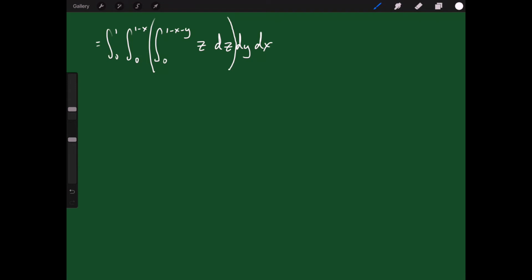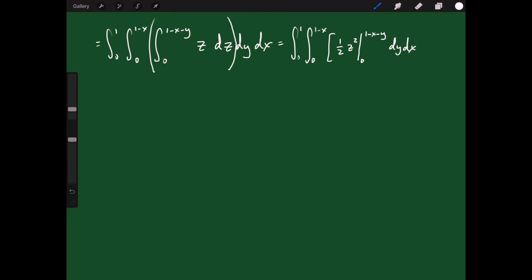Okay, so let's take an antiderivative of what's inside here. And I get integral from 0 to 1, integral from 0 to 1 minus x. Okay, antiderivative of z with respect to z is 1/2 z squared evaluated from 0 to 1 minus x minus y dy dx.